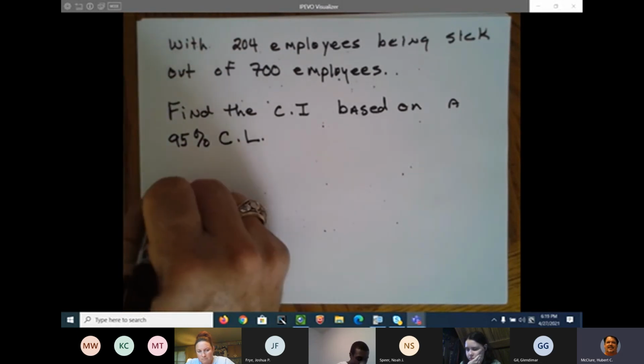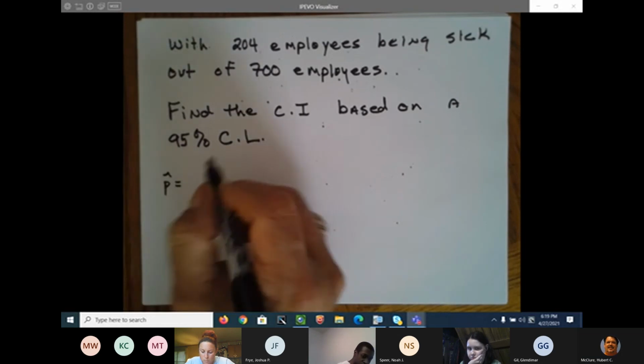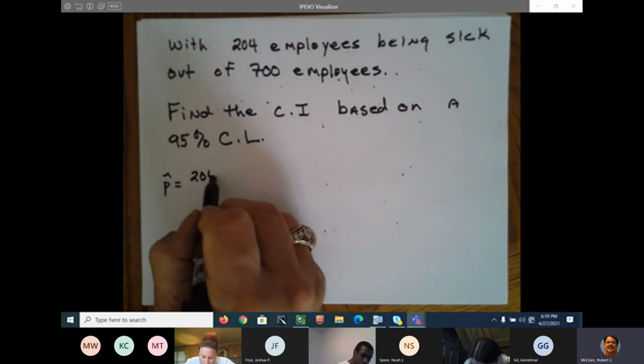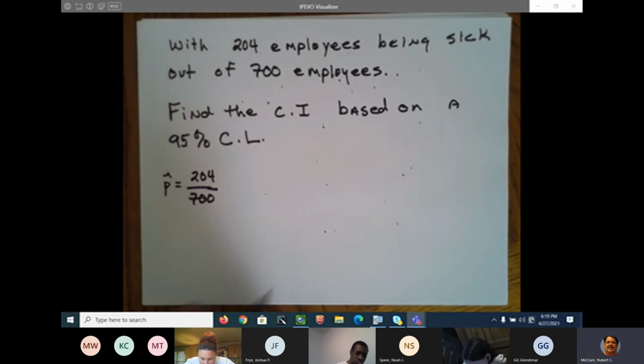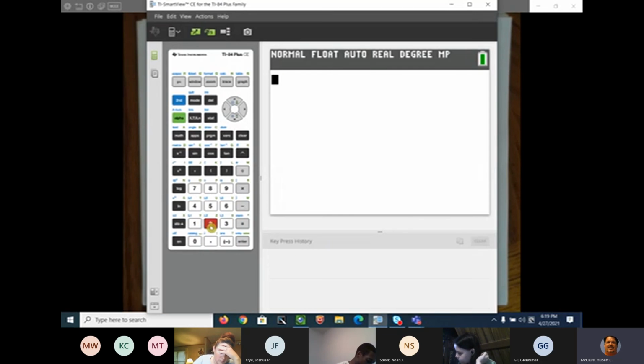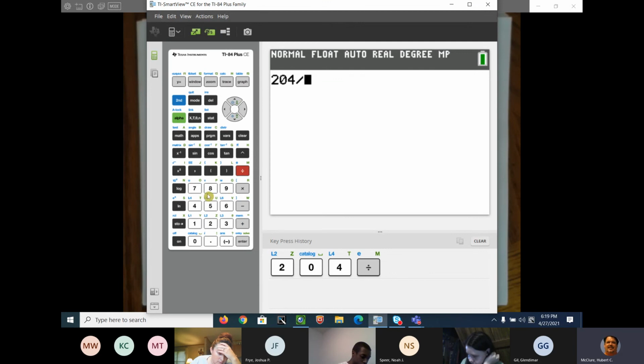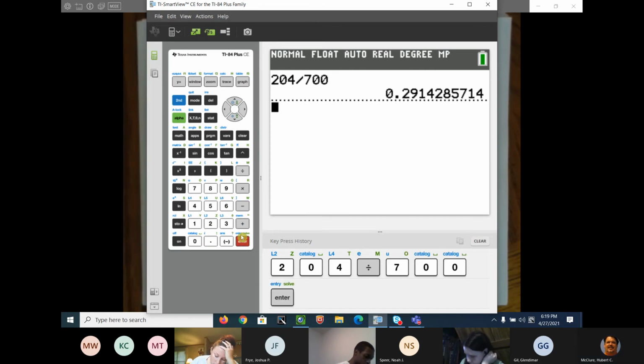We have P hat, 204 over 700. So I go to my handy dandy calculator. 204 divided by 700 is 0.2914.